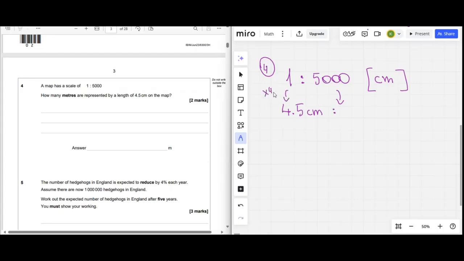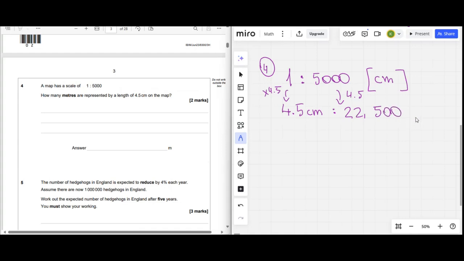So from ratio, we can multiply that 5,000 by 4.5. So we would have 22,500 then.